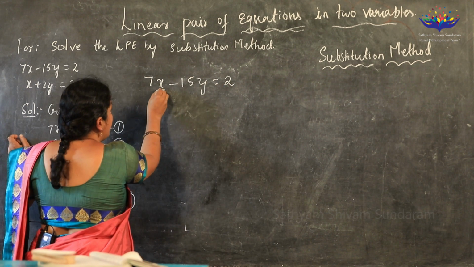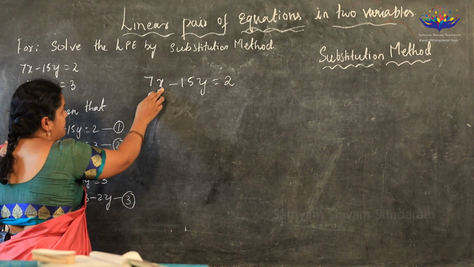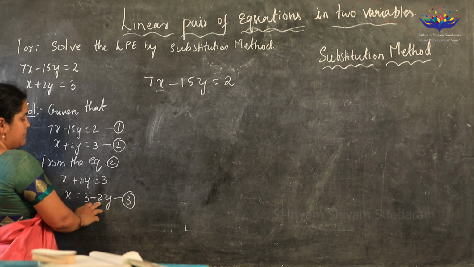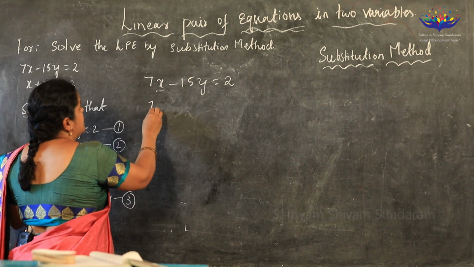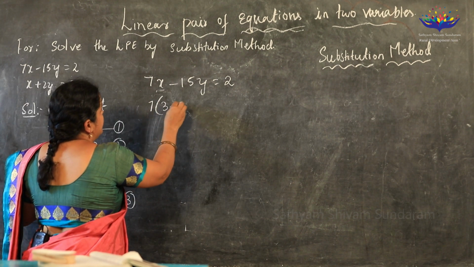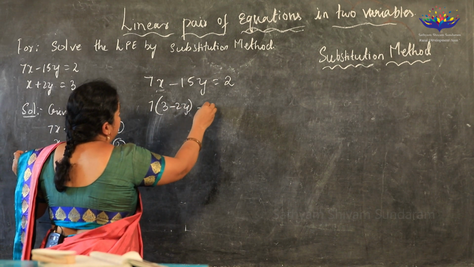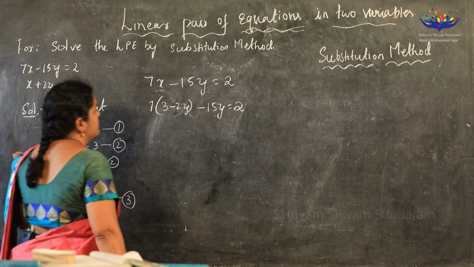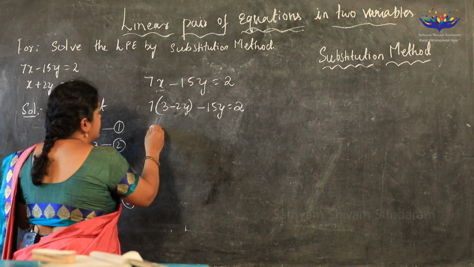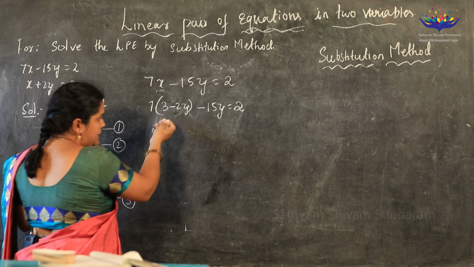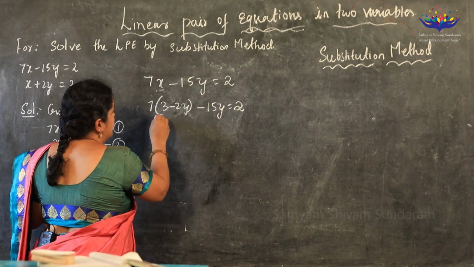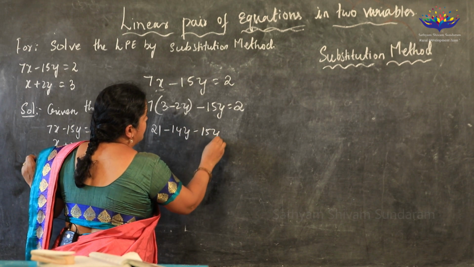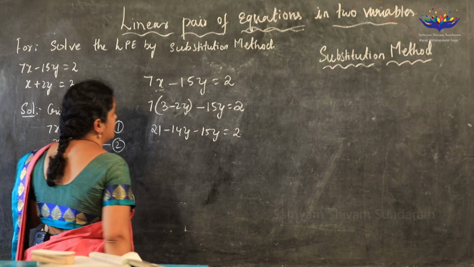In place of x, we substitute 3 minus 2y. So 7 into (3 minus 2y) minus 15y is equal to 2. Multiplying using the distributive property, 7 threes are 21, minus 7 twos are 14y, minus 15y is equal to 2.